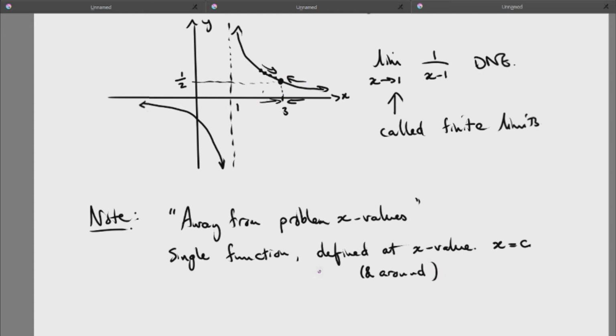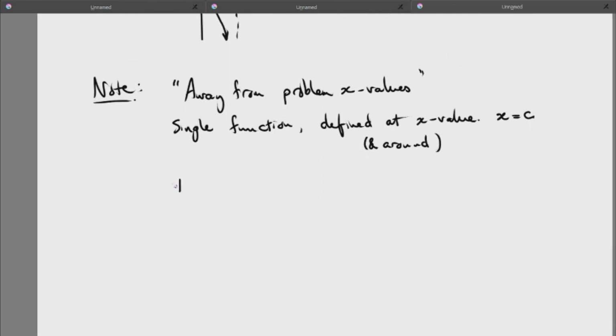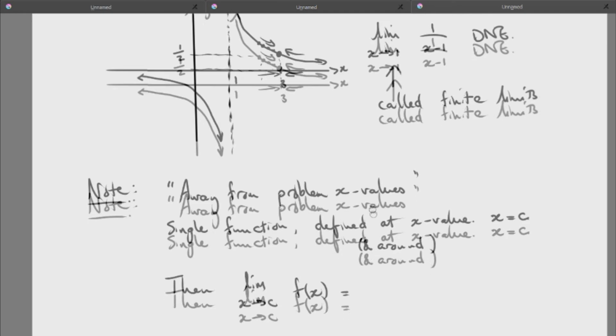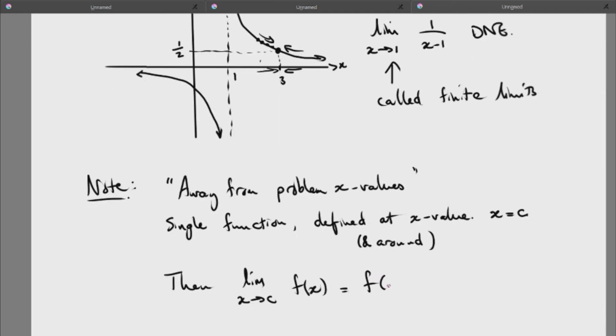Everything's good. Then the limit, sorry, I'm trying to write my L's a little better. The limit as x approaches c of the function is simply the y value when I plug in that x value. Meaning I'll plug in the x value and get the y value from the function.